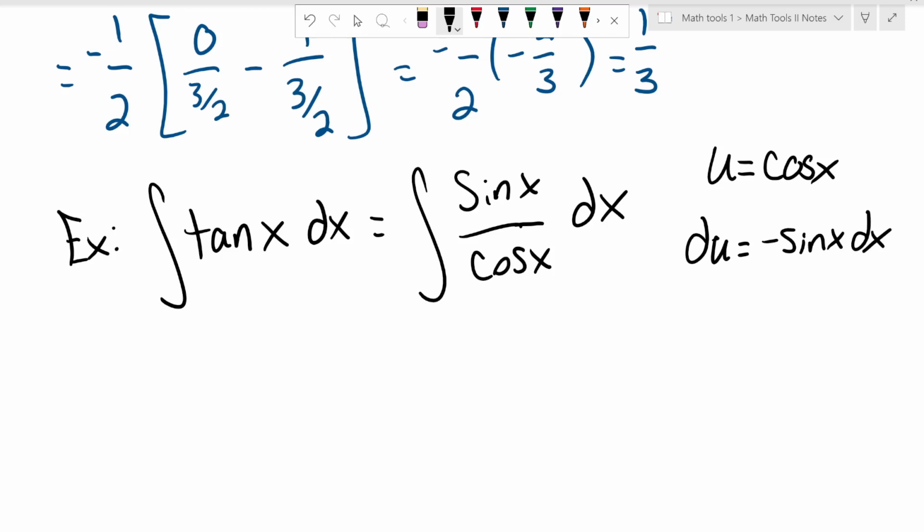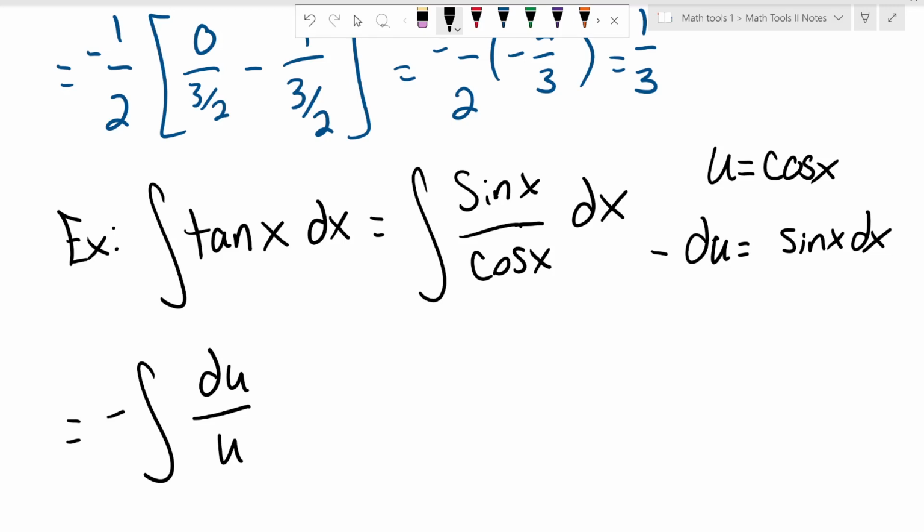So we can just bring that negative over to the other side. So this is going to be negative du over u is how we could write it here. Or you could just write 1 over u du.